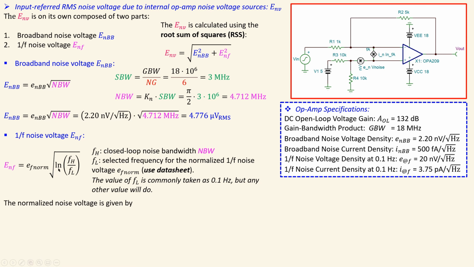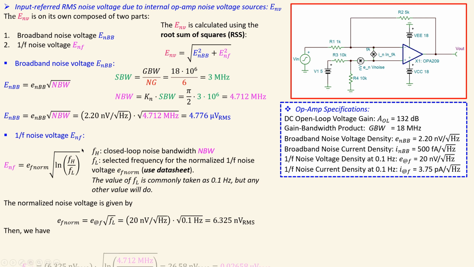If you look at the normalized noise voltage value here, that is calculated using this formula. We have the 20 nanovolts per root hertz, determined by the datasheet, times the root of 0.1 hertz, and that will be used in this RMS 1/f noise voltage.